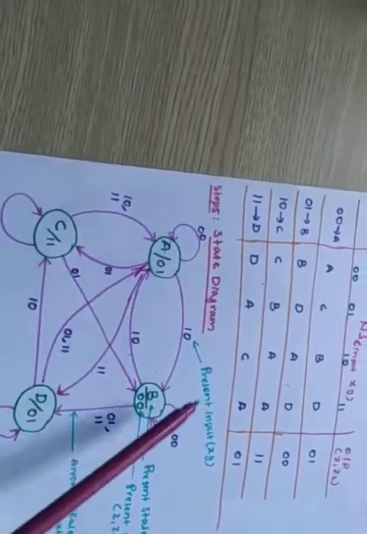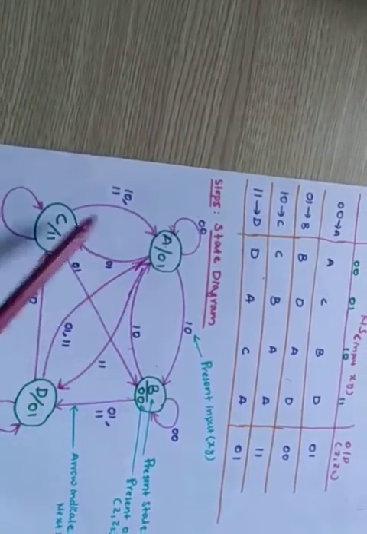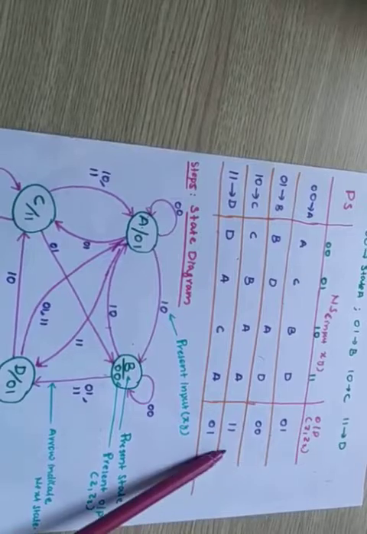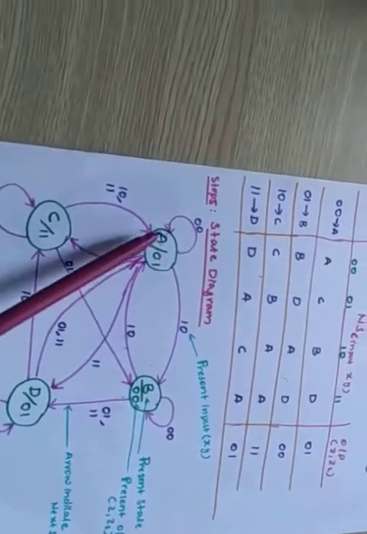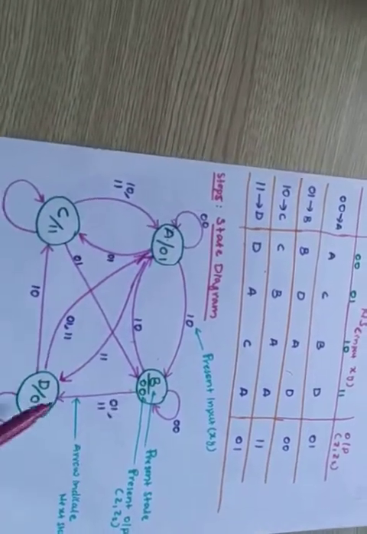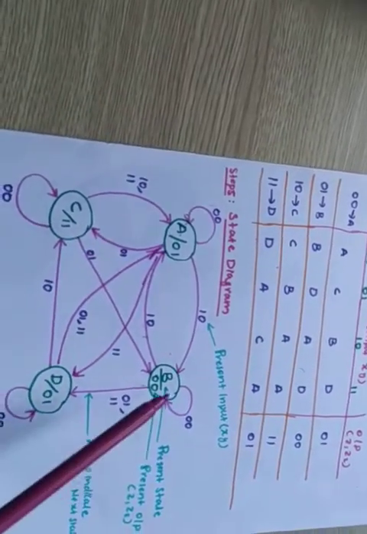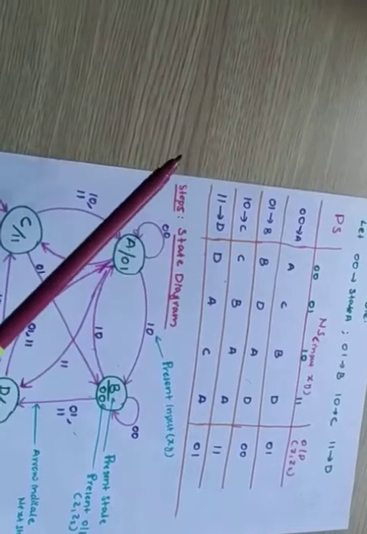First you have to write the states A, B, C, D within the circles, and after that, write the outputs also. For A it is 01, for B it is 00, for C it is 11, for D it is 10. You fill out all these things, then you can write the transitions by looking at the transition table.